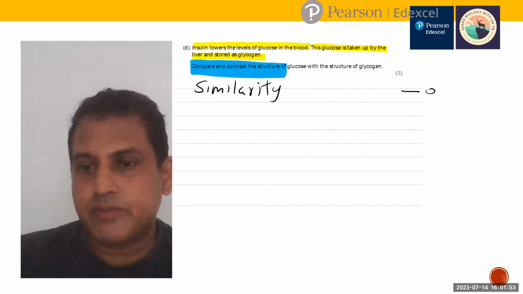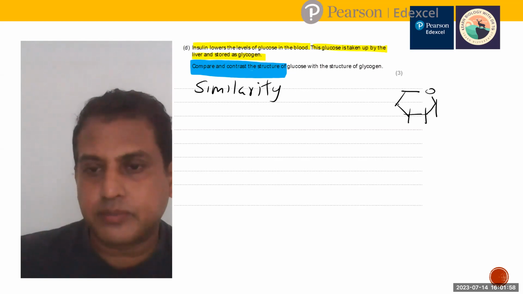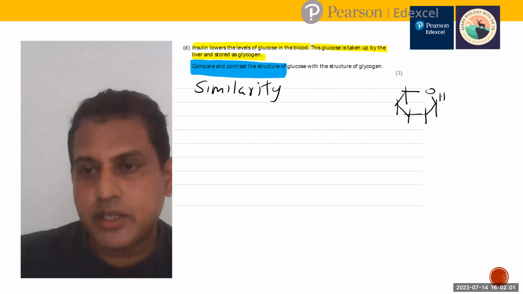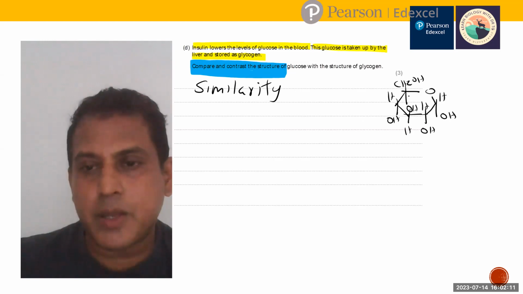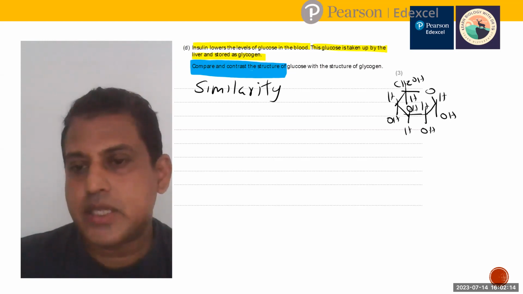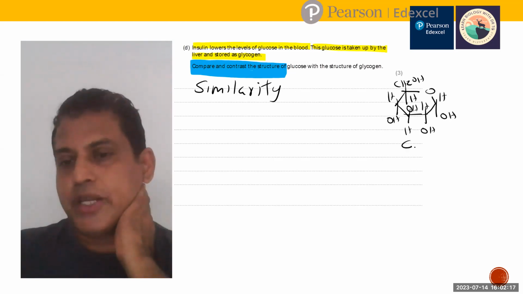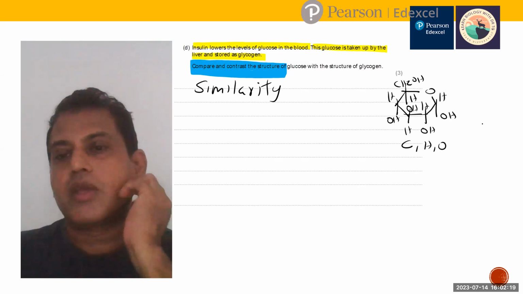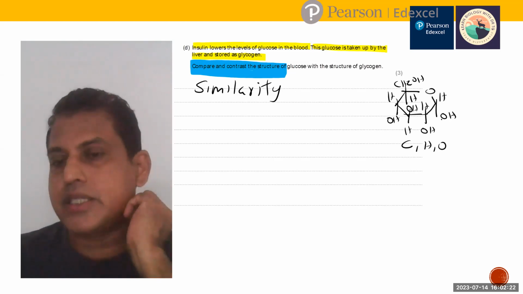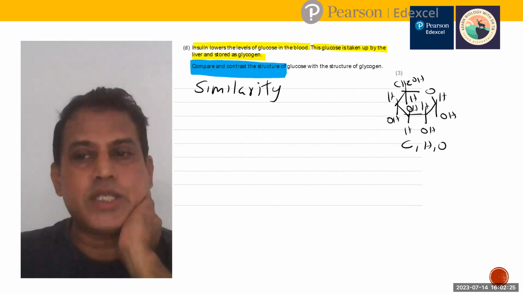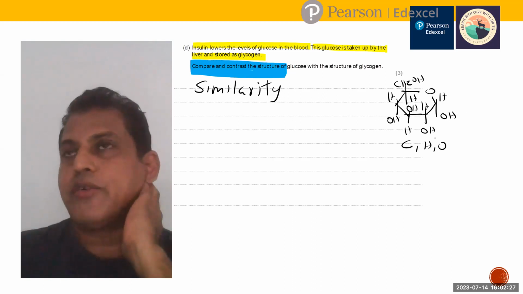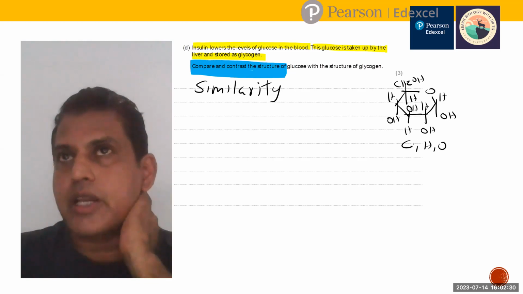So glucose is like this. H, OH, H, OH, OH, H, H, OH, CH2OH, and H. So this is alpha glucose, and alpha glucose is made out of carbon, hydrogen, and oxygen. So when we take glycogen, glycogen is a polymer of glucose, and it makes 1,4 and 1,6 glycosidic bonds.